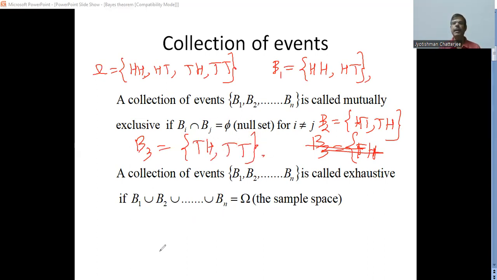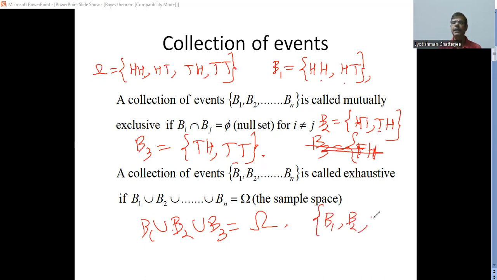In that case, the union of B1, B2, and B3 gives the whole of the sample space. It covers HH, HT, TH, and TT. All four outcomes are covered by B1 union B2 union B3. So here, this collection B1, B2, B3 is exhaustive.